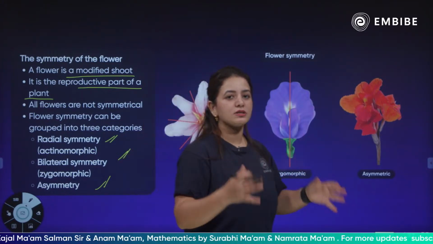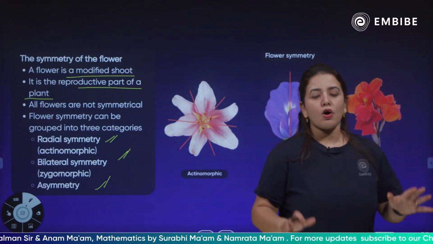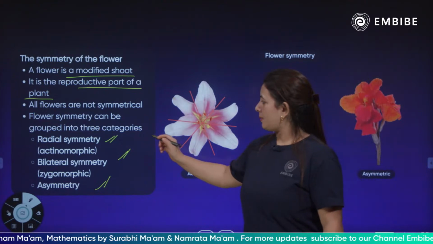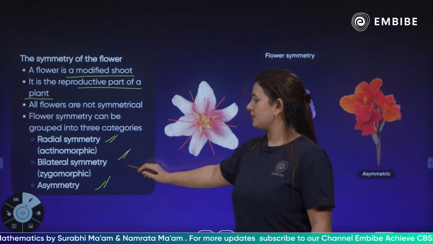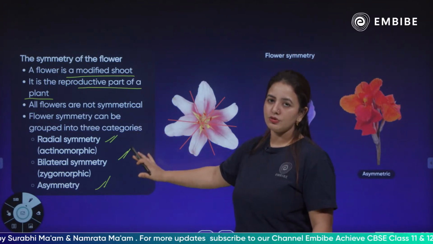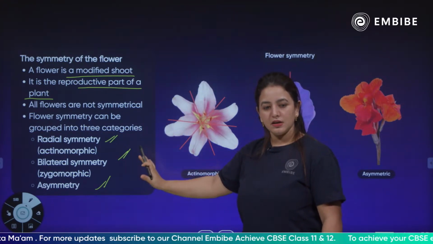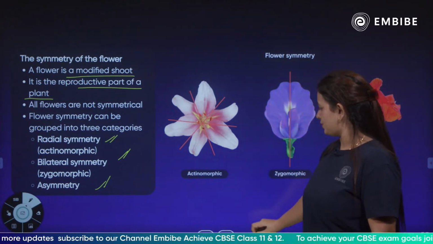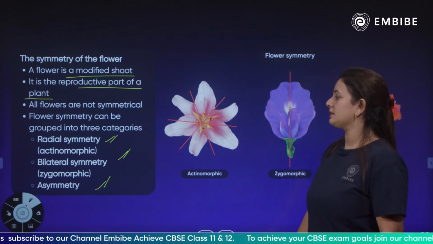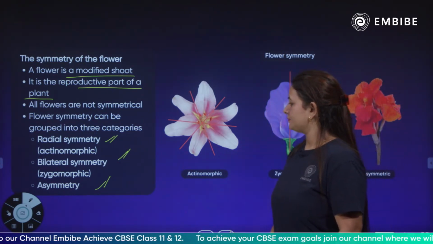So children, on the basis of radial symmetry, bilateral symmetry and asymmetry, let's discuss each symmetry in detail. Talking about radial symmetry, what is radial symmetry? We'll see that.